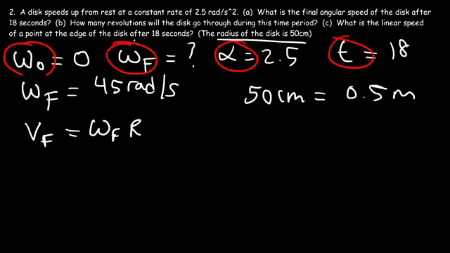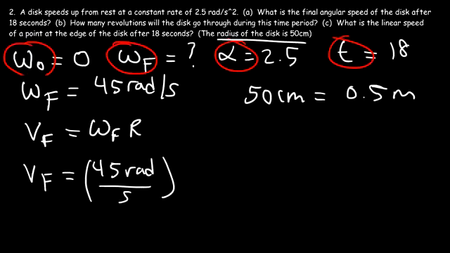So the linear speed after 18 seconds is going to be basically the final speed at that time. So it's omega, which is 45 radians per second, multiplied by the radius, which is 0.5 meters per radian.